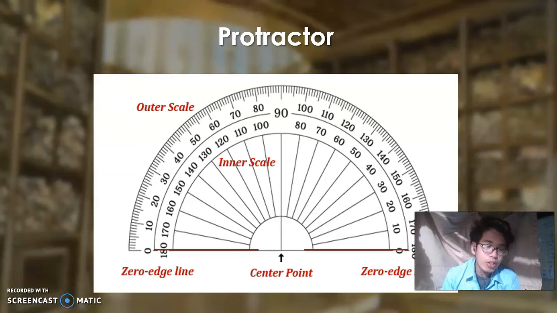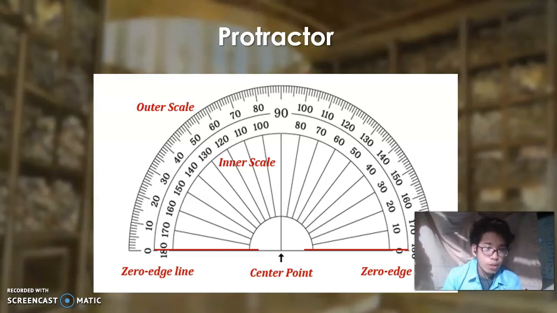So a protractor, just to review, has a 180-degree measurement from 0 to 180, and it has 4 parts. We have here the center point. That's where we put the common point, or the vertex, of the angle in order to find its measurement. Then we have the zero edge line. That's the line that the ray of a specific angle has to follow. Then we have the inner scale.